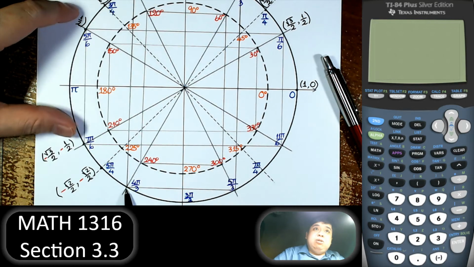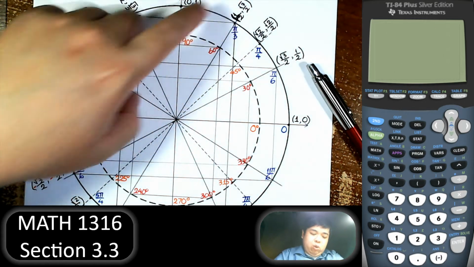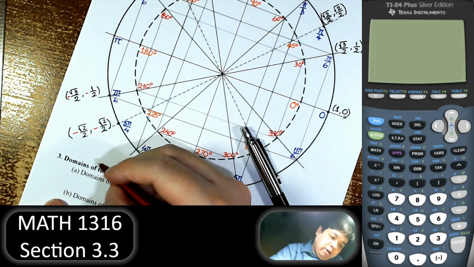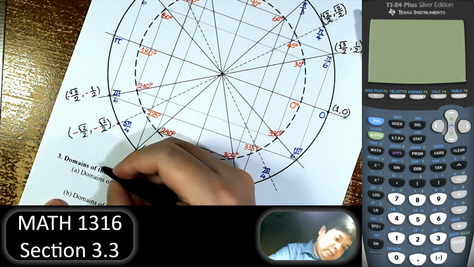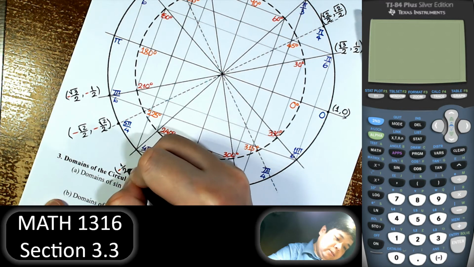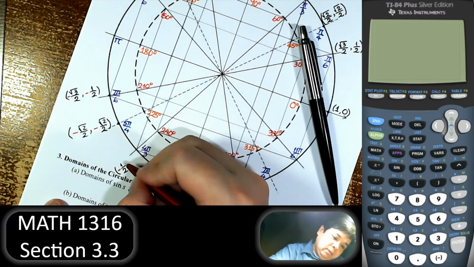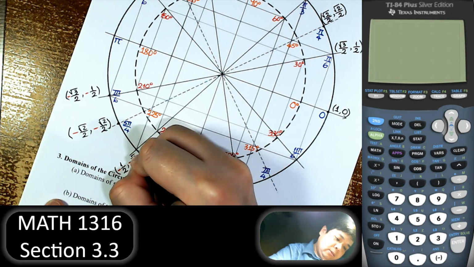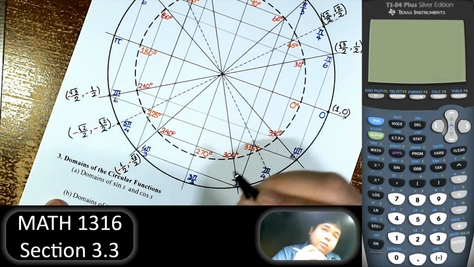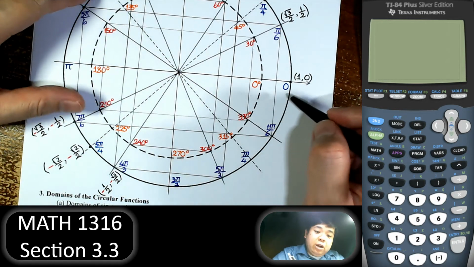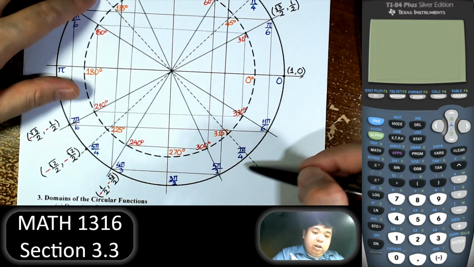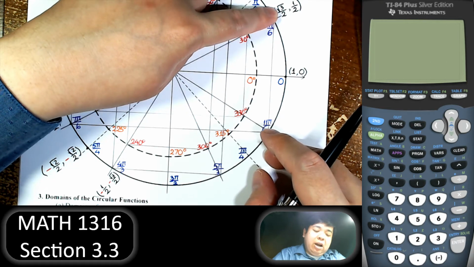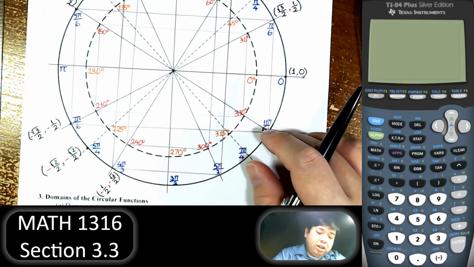And then this is still the same. 1/2 and square root of 3 over 2, and both of them are negative. Finally, in this quadrant, the values will be the same, except the x value will be positive, but the y value is negative.